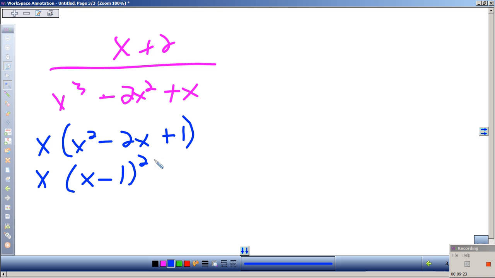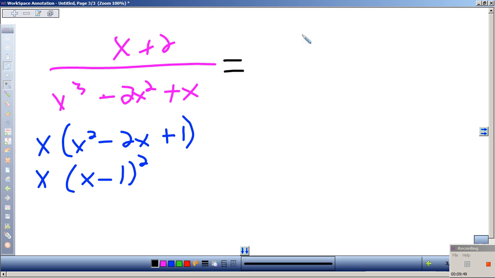So this is going to be one where we have a repeat, meaning I've got 2 things instead of just 1 of the same. If I had x squared here, we'd have to do the same. Instead of just 1 part, we're going to have 2 parts, or 3 parts.